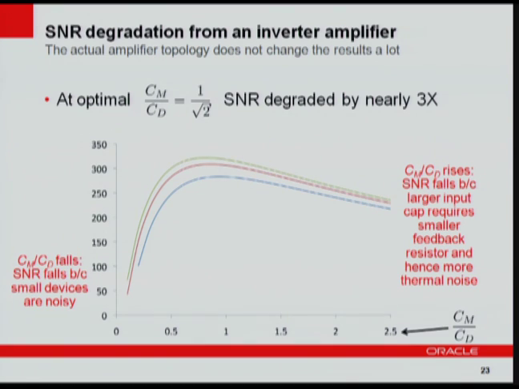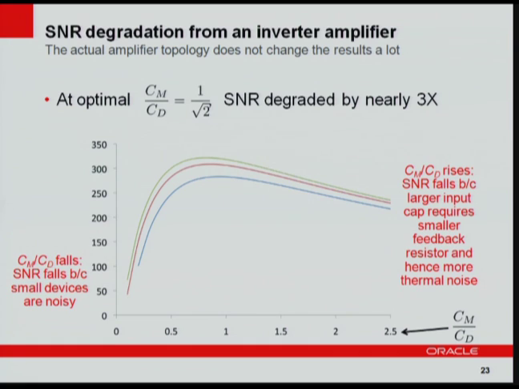So if you wanted to have the same bandwidth, you need to reduce R, which actually introduces more noise. So that's why on this side, it's falling off. On this side, on the other hand, Cm, that is the amplifier's capacitance, becomes a smaller portion of the diode capacitance. So the bandwidth is pretty much determined by the diode capacitance. It falls off over here because as the device gets smaller, it actually introduces more noise.